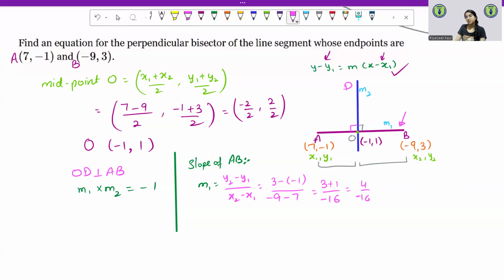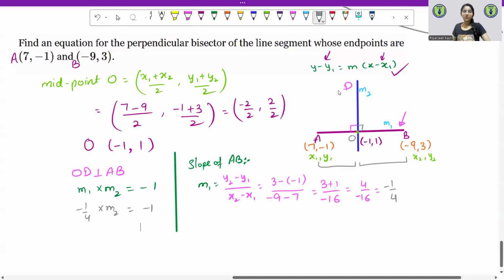So 4 over negative 16, after simplification, what does it give us? Negative 1 over 4. And we got the slope negative 1 over 4 times m2 equal to negative 1.